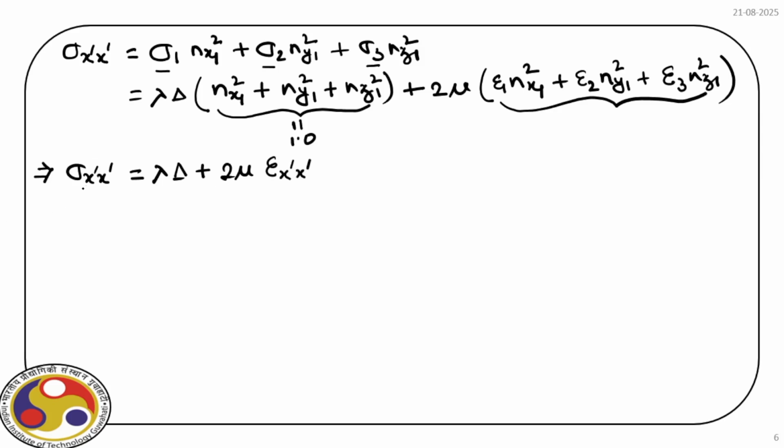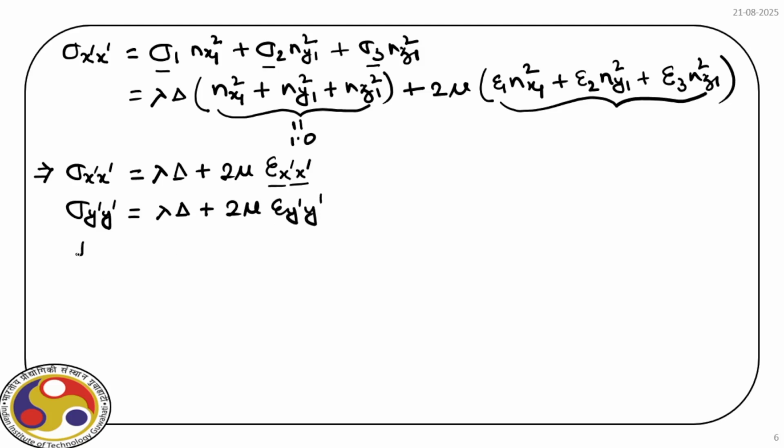In the prime coordinate, we try to find out the expression of sigma x prime, which is the normal stress, and on the right hand side we have normal strain, right? Similarly, we can also write down sigma y prime is equal to, again, lambda times delta plus 2 mu epsilon y prime.